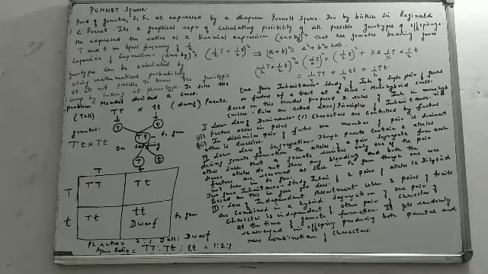Then we did one gene inheritance, where we studied the inheritance of a single pair of factors, and on its basis we gave two laws: the first law of dominance and the second law of segregation. Then we studied two gene inheritance, the inheritance of two pairs of alleles, commonly called dihybrid cross. On the basis of it, we have the third law of Mendel, known as the law of independent assortment.